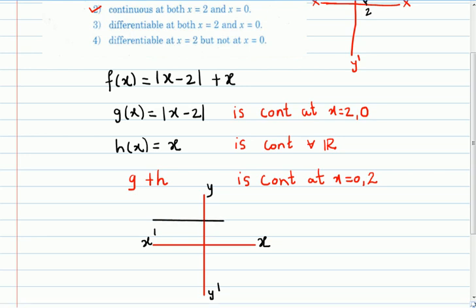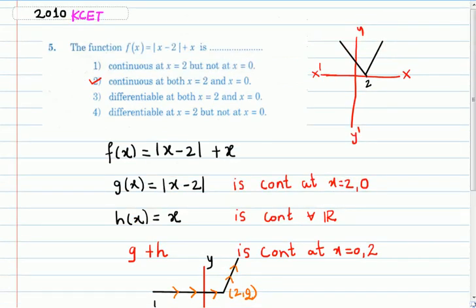You can understand here, with the x dash and y dash axes, at x equal to 2 the point is (2, 2), so y is also equal to 2. At this point you can observe that the function is continuous. Without lifting your pen from the paper, you can draw this graph. Hence in this case the option is 2. Let's go to the next question.